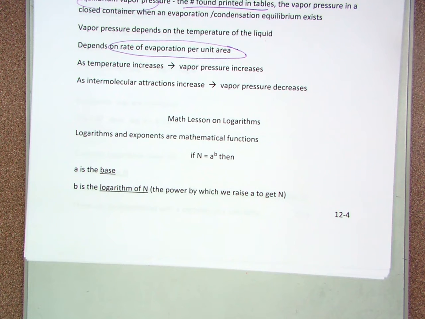Okay, smaller things will evaporate more easily if they have the same intermolecular forces. Bigger things will evaporate more slowly if they have that same intermolecular forces. So a large hydrocarbon will evaporate more slowly than a small hydrocarbon. But you can't compare things of different size with different intermolecular forces as well.